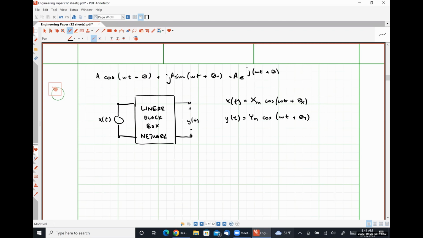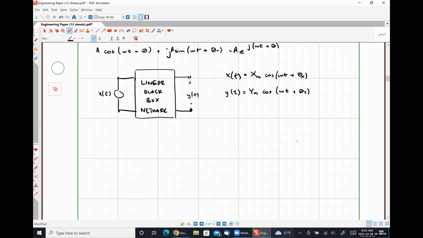That's literally what we just did with that math. We showed that our response will be of the same sinusoidal form, except that the magnitudes can be different and the phase angles can be different. But other than that, they are identical.